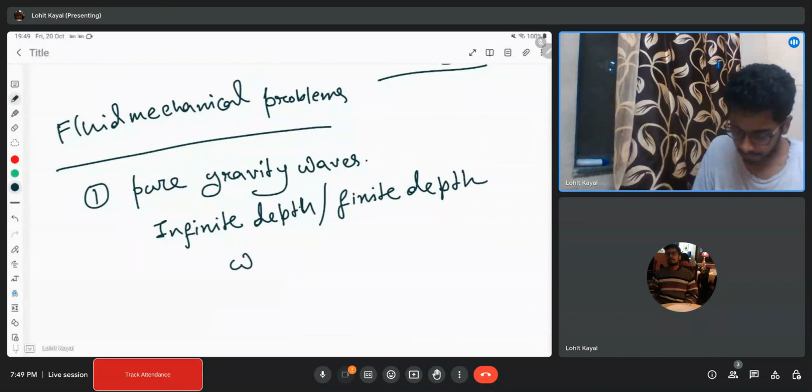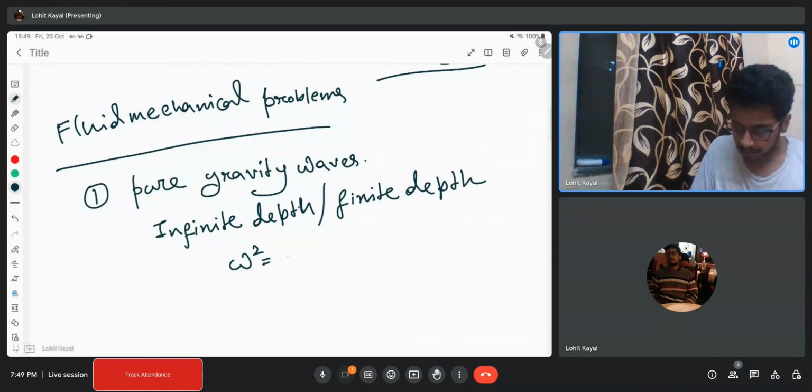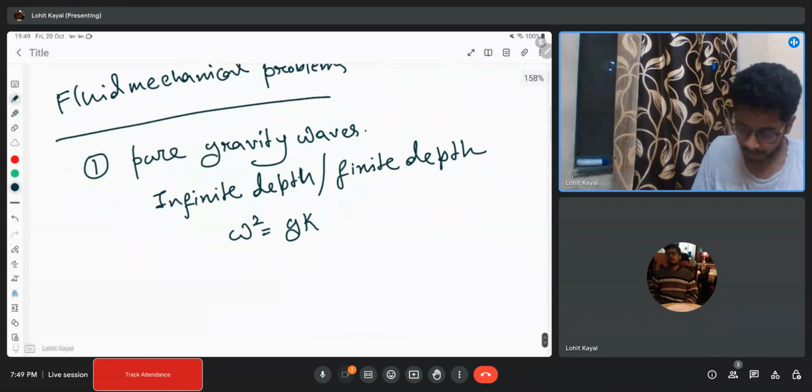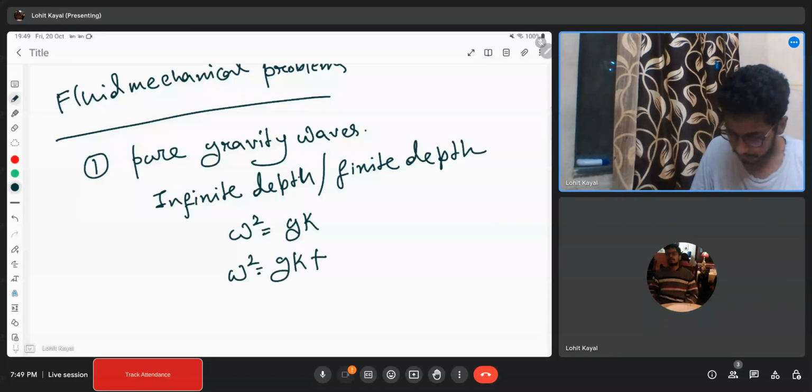For the infinite depth problem, your dispersion relation is omega squared is equal to gk, and for finite depth it is gk tanh kh.